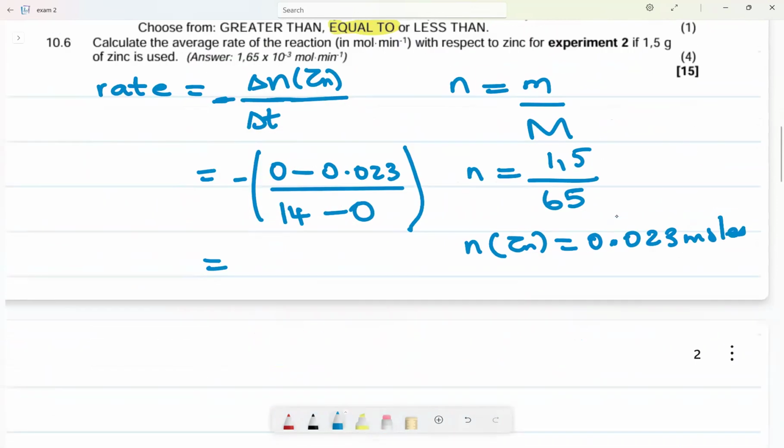So when I punch that on my calculator, I get something like 0.00164. Okay, what? Mole per minute.